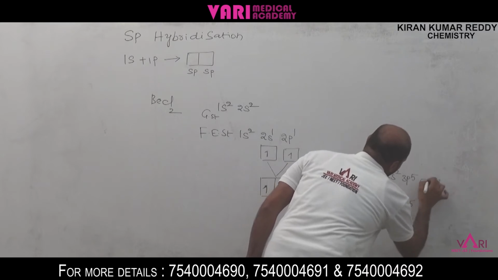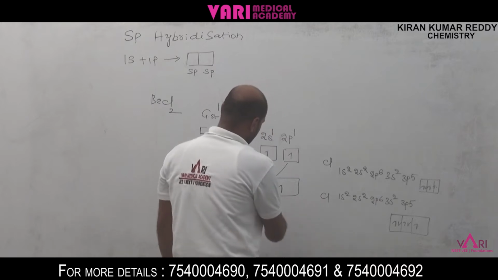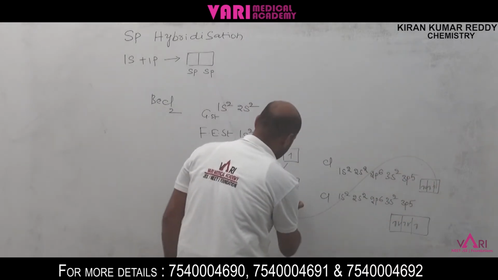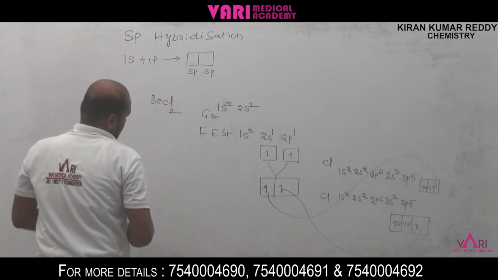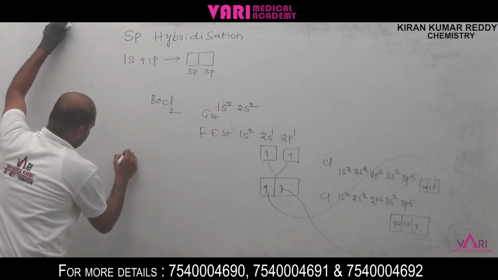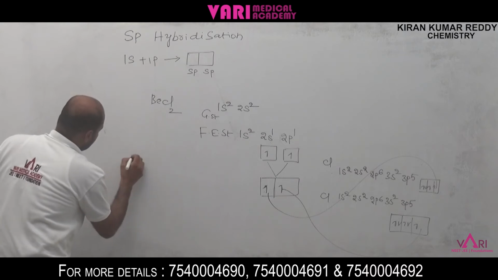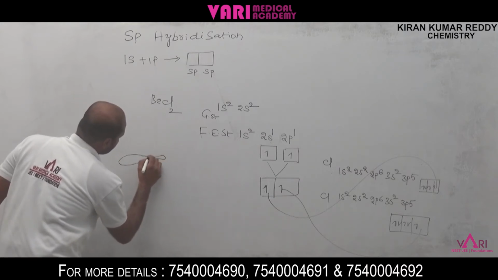Here also 1, 2, 3, 4. Now one of the electrons overlaps with an sp orbital of beryllium to form the geometry. We can expect beryllium to have two orbitals, and we can mention them like that.